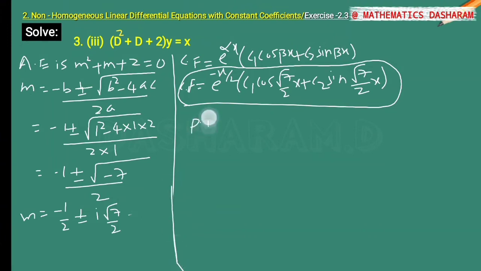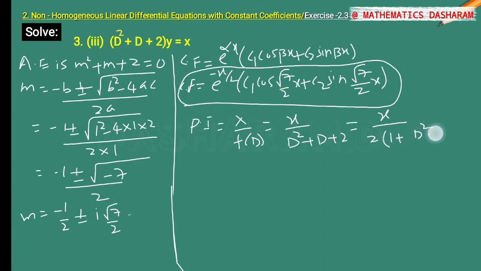So now the particular integral is x divided by f of D. So x by D square plus D plus 2. Here let's take the 2 common in the denominator, then 1 plus D square plus D by 2. So it is equal to 1 by 2, 1 plus D square plus D by 2 whole inverse into x.